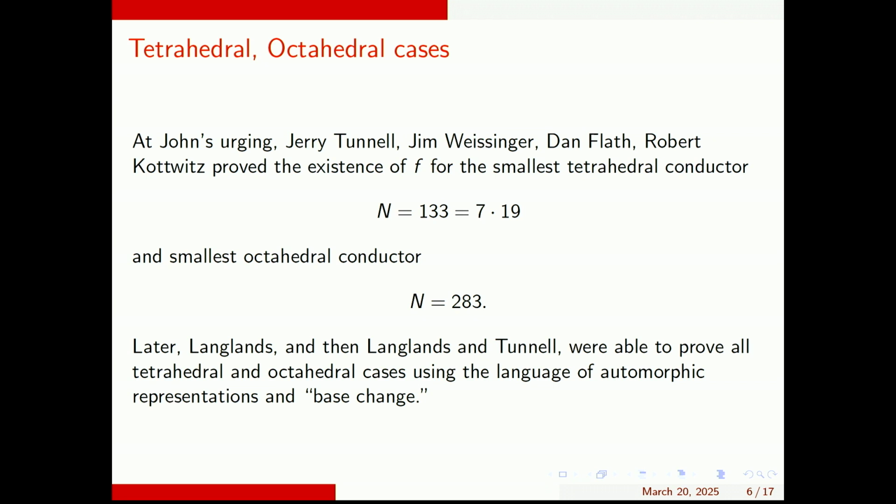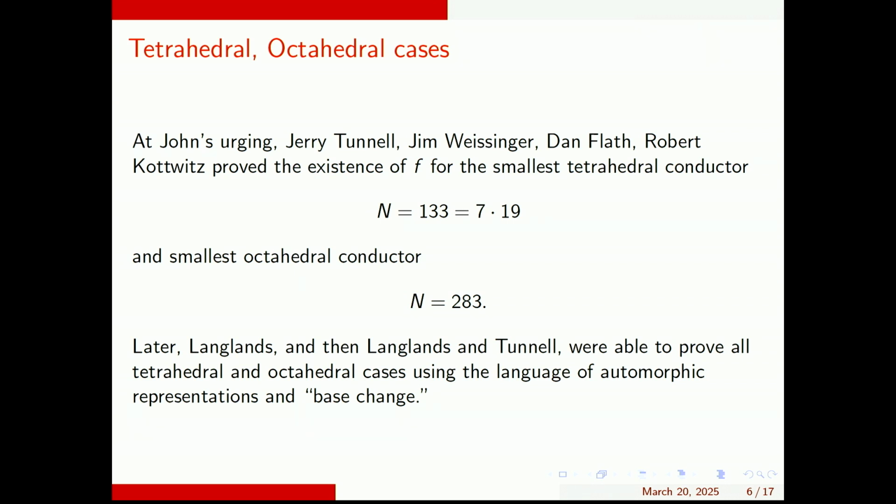that because A4 is solvable, really, you can base change. And that fairly easily can be used to, easily is an overstatement, but can be used to show that all tetrahedral extensions fit the one-to-one correspondence predicted by Langlands. Later, Langlands and Tunnell did the octahedral case, again using the automorphic language, and that required a little more work.